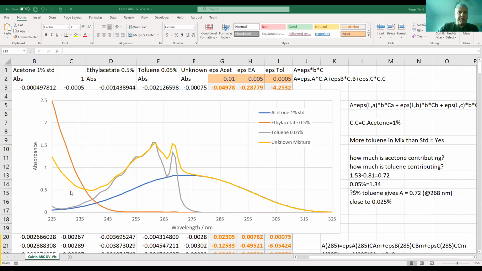And the extinctions of the other components are known, right? So the extinction of ethyl acetate, toluene and acetone, these three are known, and then we can calculate it for the mixture. Okay. Does that make sense?